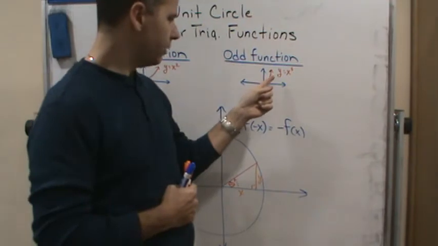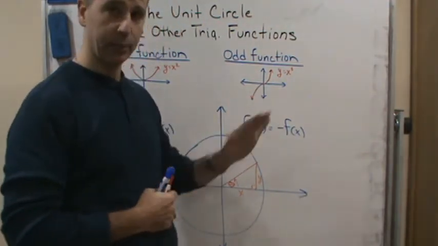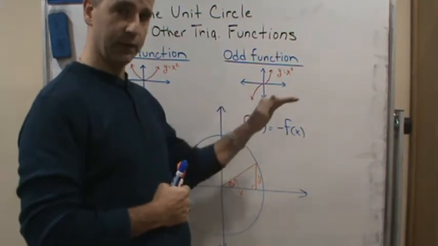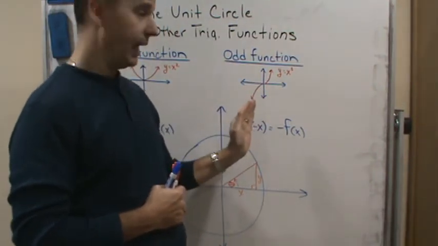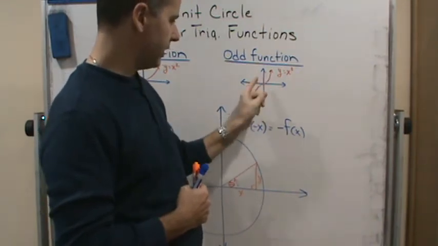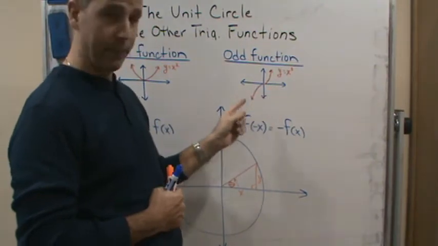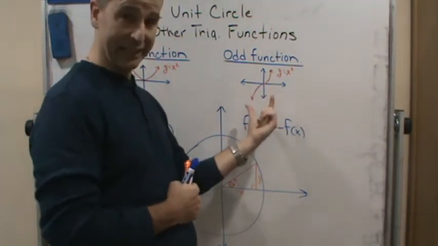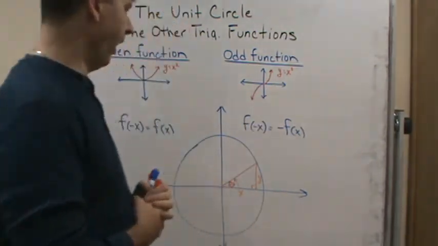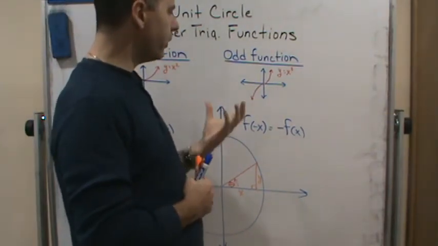So that means I can rotate this 180 degrees in either direction, and I'm going to get the exact same function, the exact same graph out of it. And so if you look here, if I just rotate this like a pin 180 degrees, I'm going to end up getting right back to where I started, or it's going to look exactly the same. That's what we call an odd function.